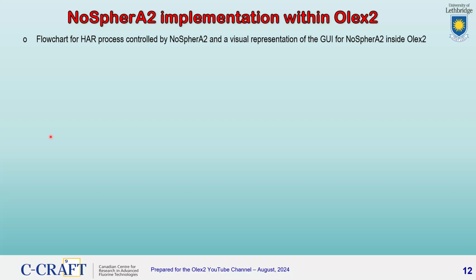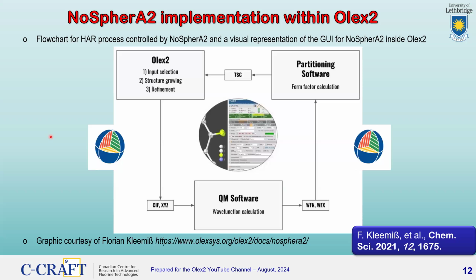The following flowchart shows the so-called Hirschfeld atom refinement process as it is controlled by NoSpherA2, and is a visual representation of what happens. Now, this flowchart was developed by Florian Kleemiss, shown on this website, and also in his YouTube talk, which you can follow along.